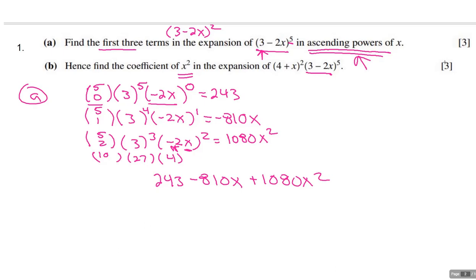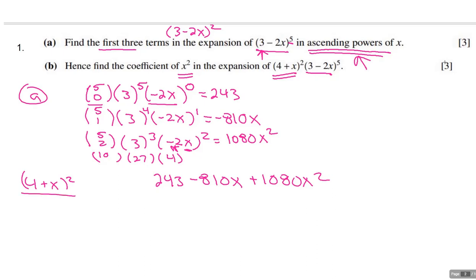If they have you find 3 terms, it's enough to answer, usually. I guess I can't say that for everything. Now, what they want to multiply by is 4 plus x squared. So what we're going to do is multiply this times 4 plus x squared. We're going to multiply this times this.